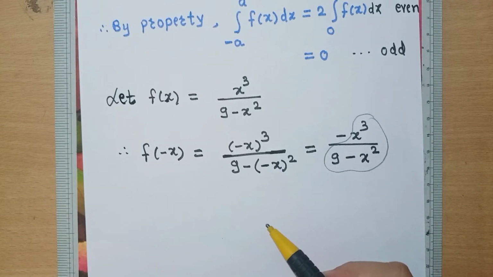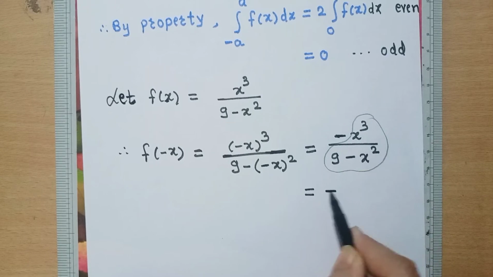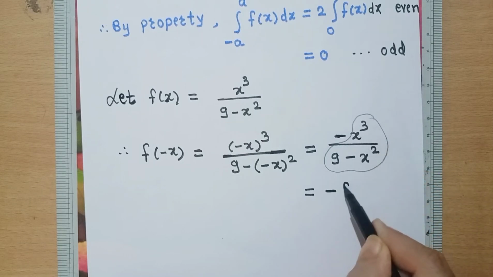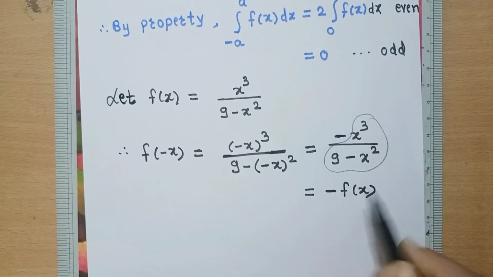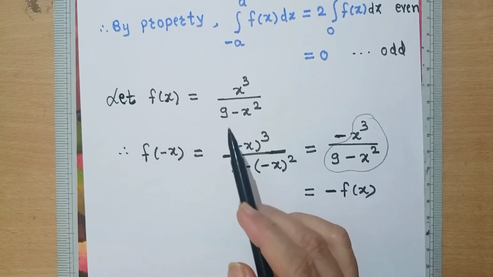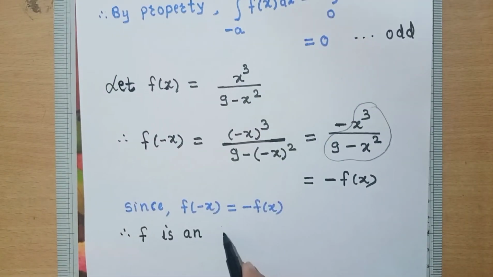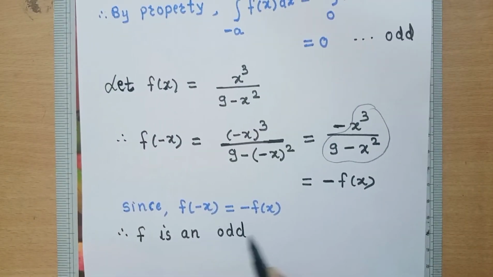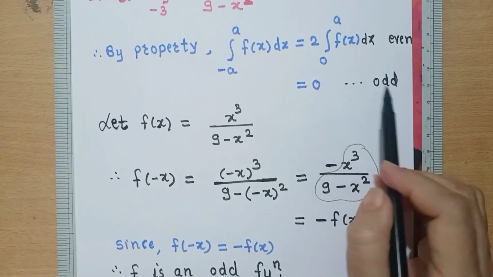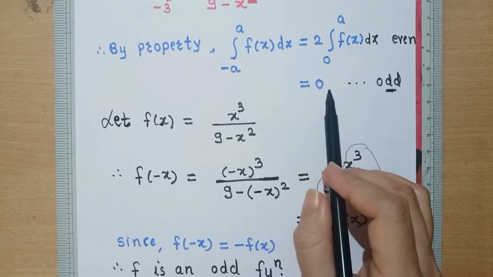So again we will write, check here. This minus sign as it is, and this is f(x). So we have proved that f(minus x) is minus f(x). So this is an odd function. So here I am writing this is an odd function, and by this property, if the function is odd, its value is 0.